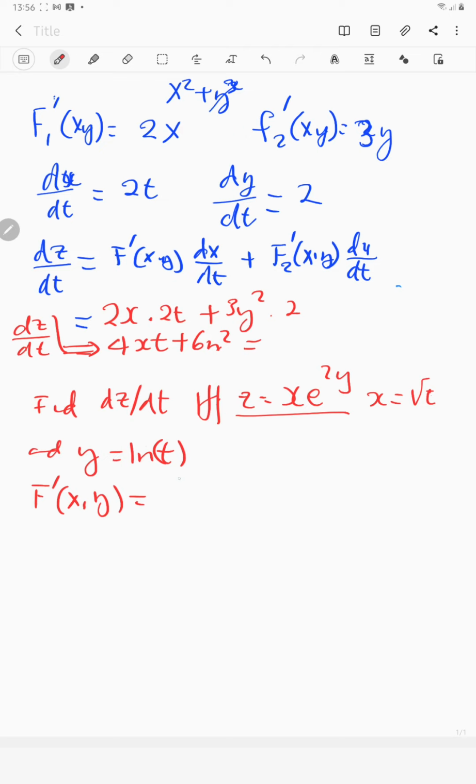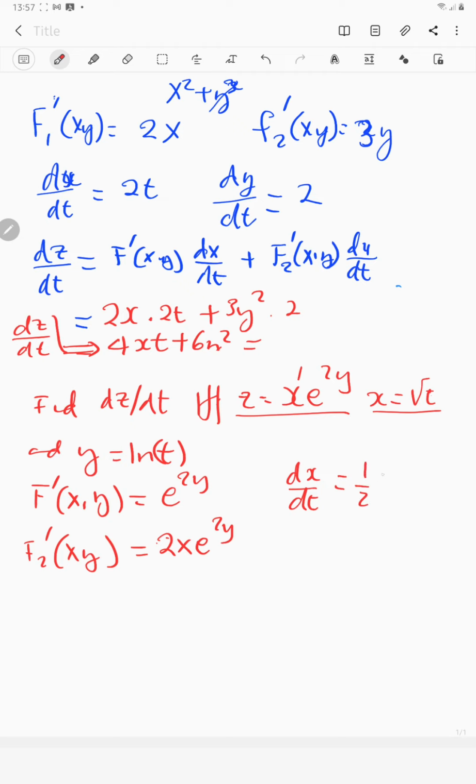If I take F2'(x, y), the answer is x e to the y. Now dx/dt is going to be equal to 1 over 2 root t, and dy/dt is equal to 1 over t.